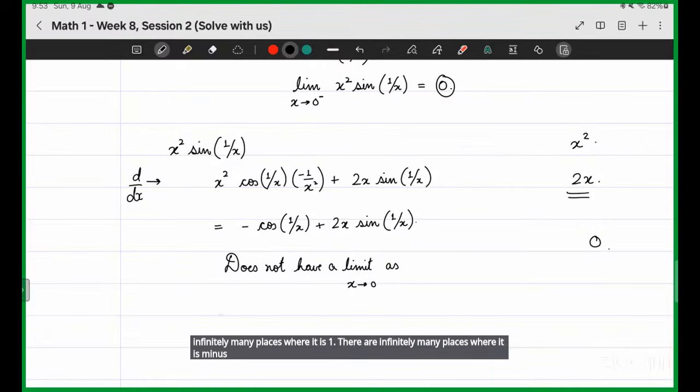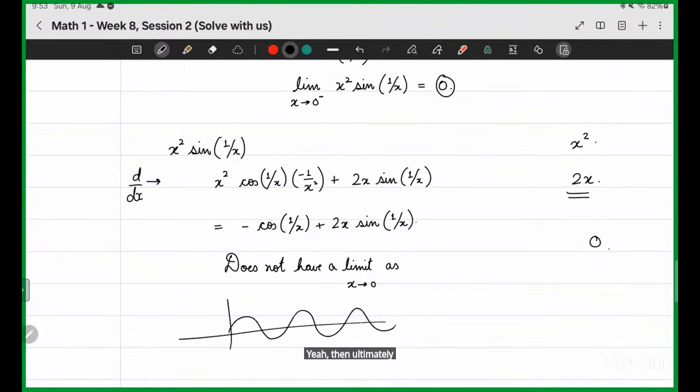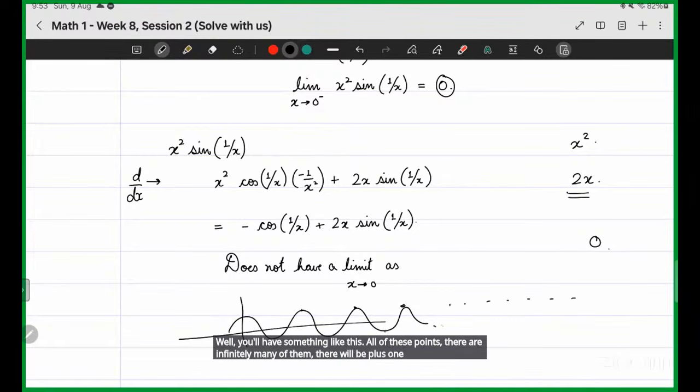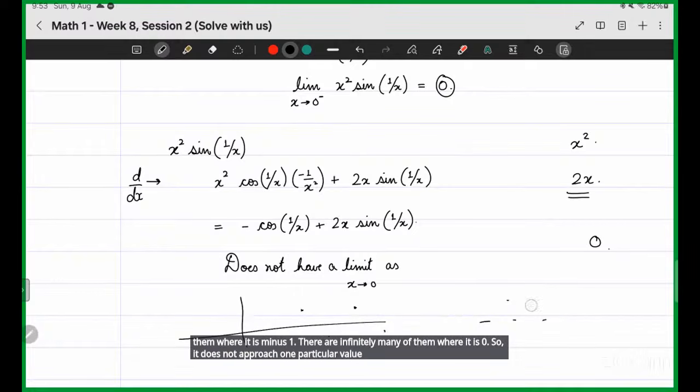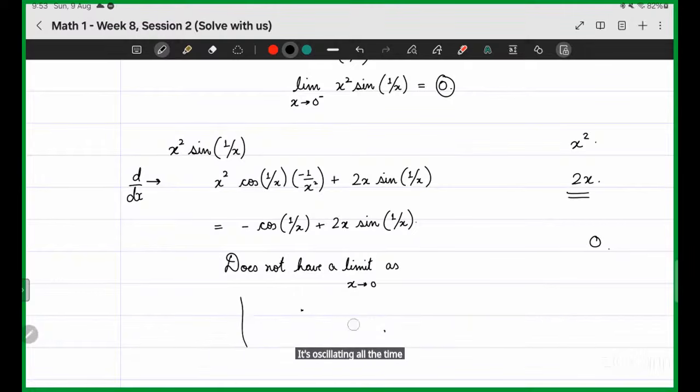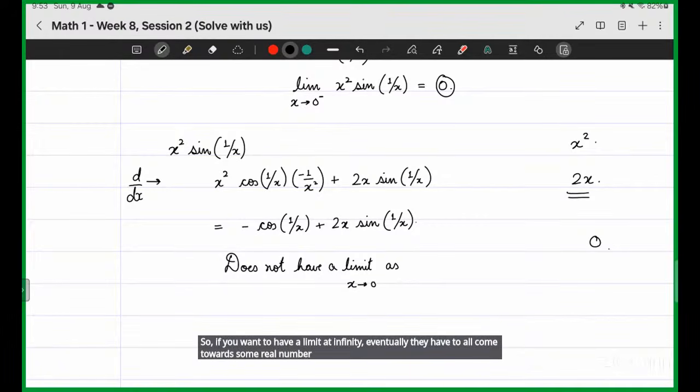So it does not approach one particular value. It's oscillating all the time. If you want to have a limit at infinity, eventually they have to all come towards some real number, correct?